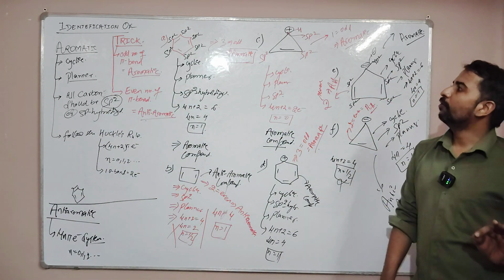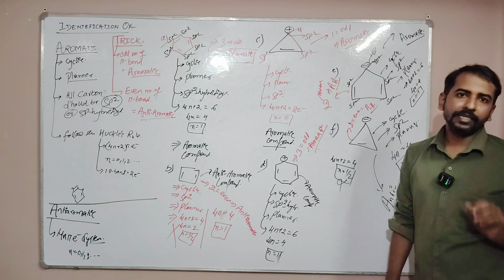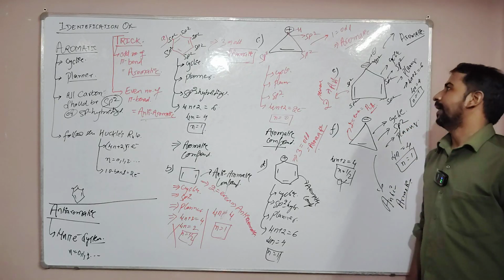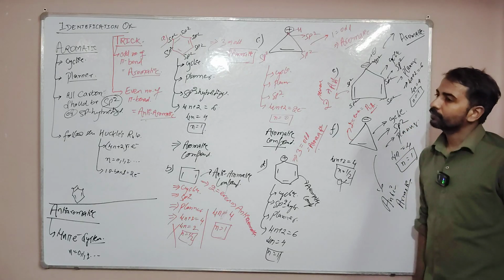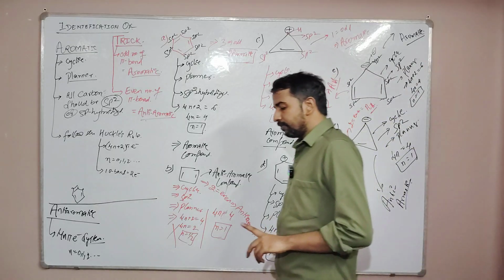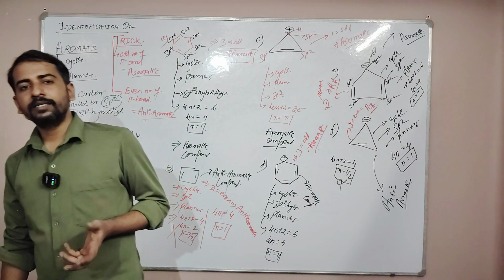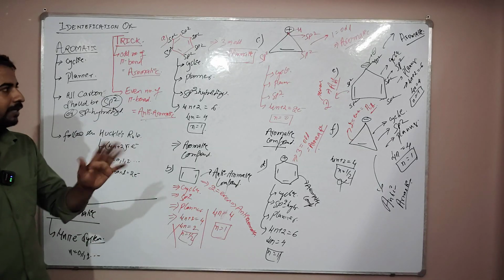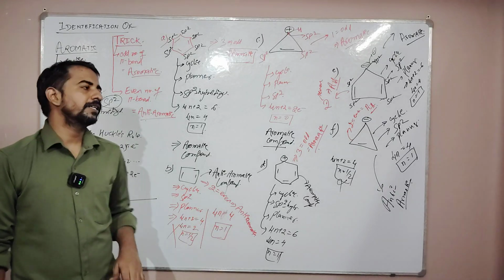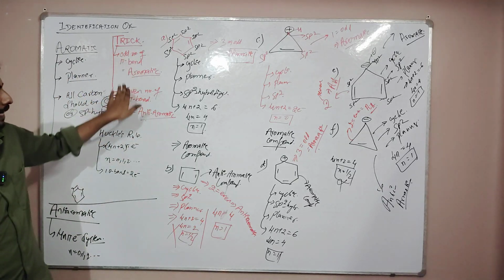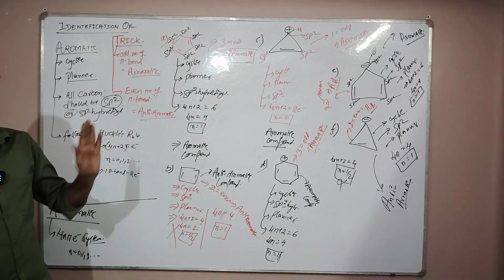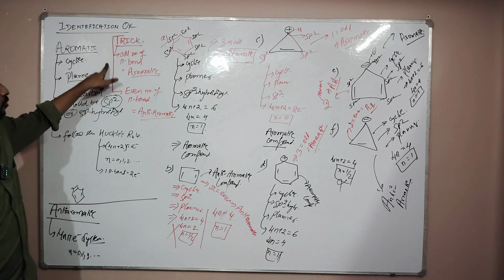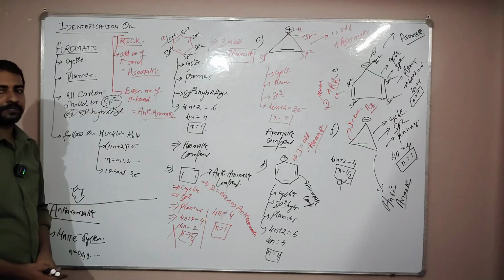If the number of pi bonds is even, it is an anti-aromatic compound. In future we will study quasi-aromatic compounds, where some rules are different. But for the time being, for any cyclic compound like this, you can simply use this trick.